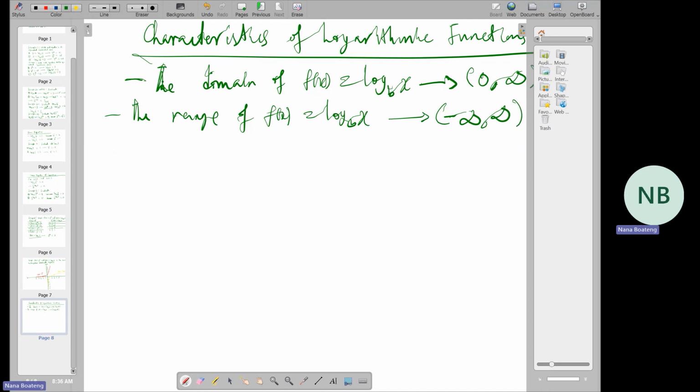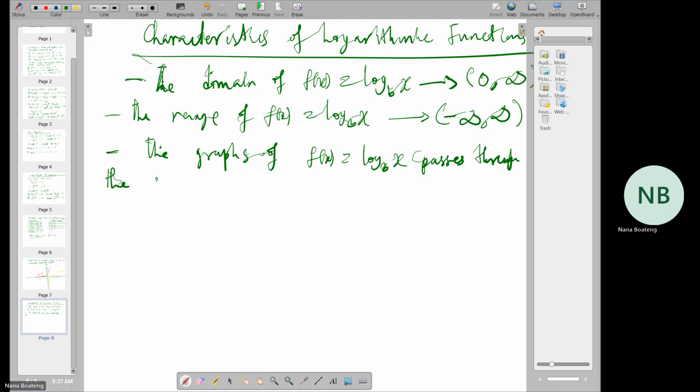And one additional point: the graph of f of x equal to log to the base b of x passes through the point (1, 0), because whenever x is 1, y is 0.